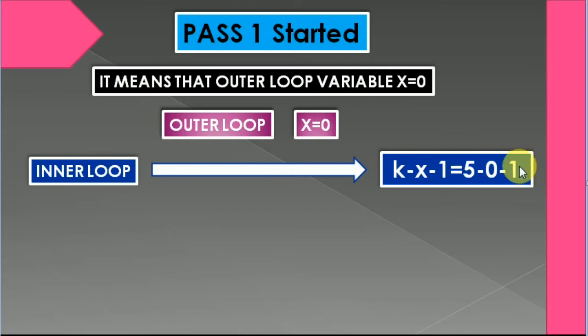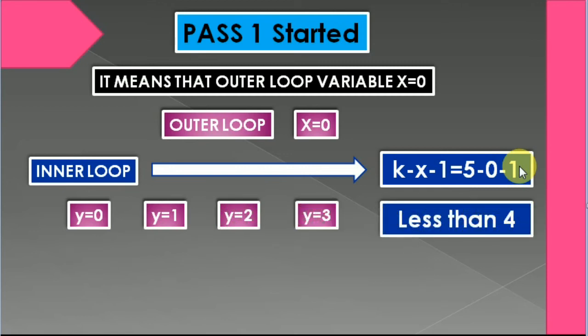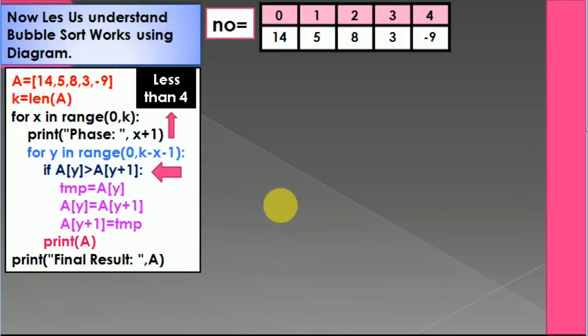It means that y starts from 0, 1, 2, 3, less than 4. That means 0, 1, 2, 3. And the numbers are going to be checked according to the values of y. So what happened? Now I'm going to explain that with the diagram. I'll put the whole program to this side, and I'm going to explain that with the diagrams.